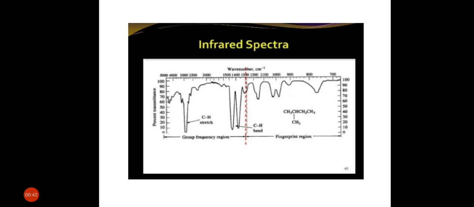In previous lectures of IR spectroscopy, I have discussed the principle of IR spectroscopy and the instrumentation of IR spectroscopy. So basically, I gave a small introduction of IR spectroscopy, the working principle.